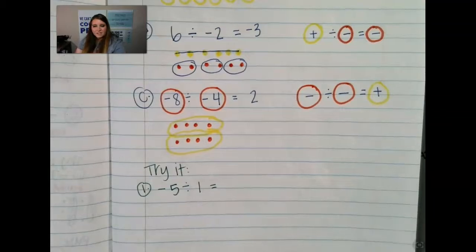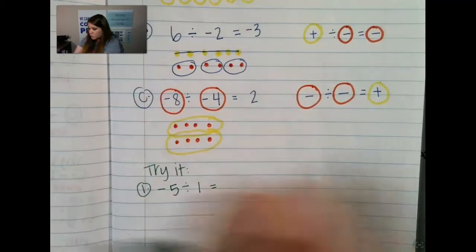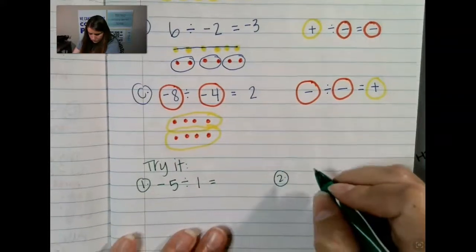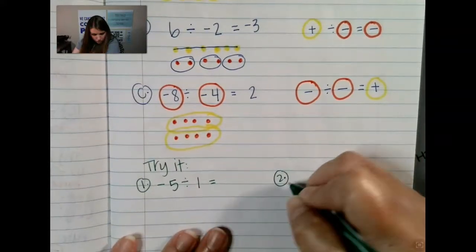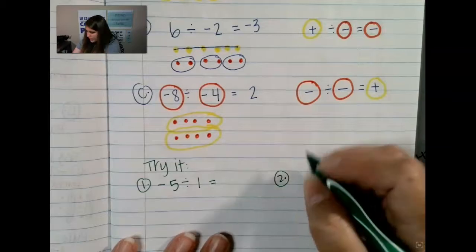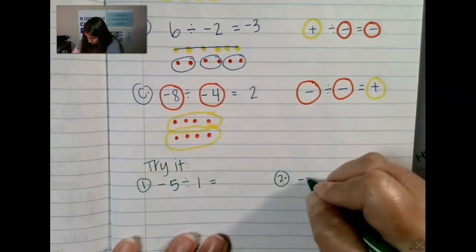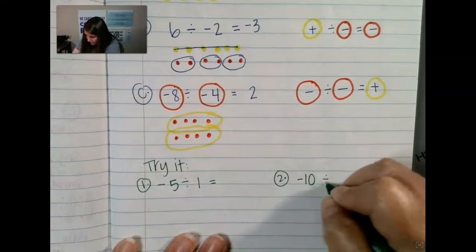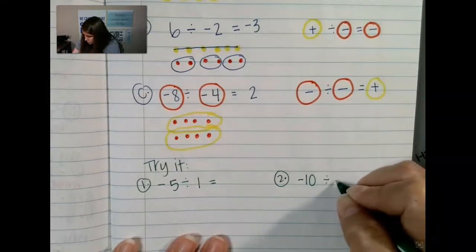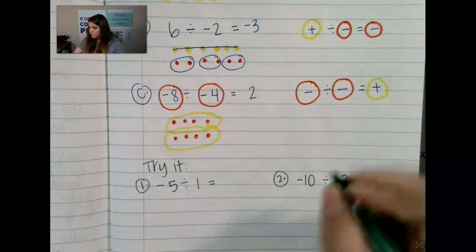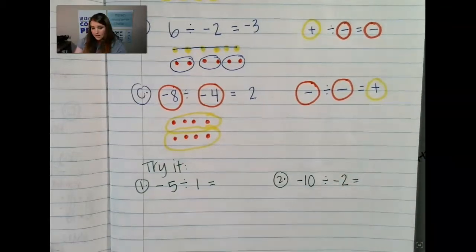That one's really easy. Hit pause so you don't hear me solving this. Oh wait, let's do one more. Try it number 2: I have negative 10 and I divide that into groups of negative 2. What do I get? All right, go ahead and hit pause now so you don't hear me solving.